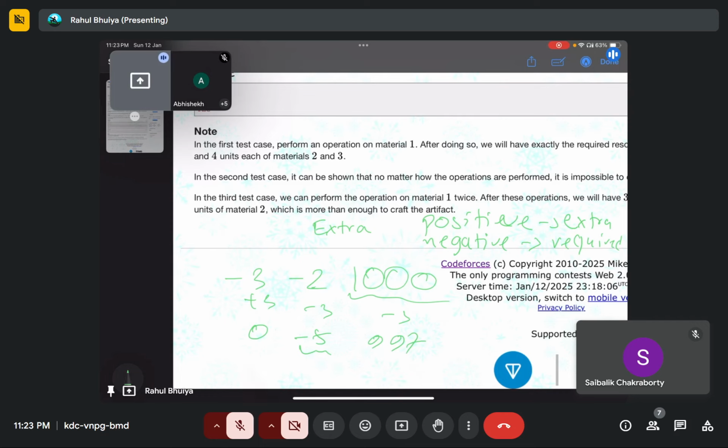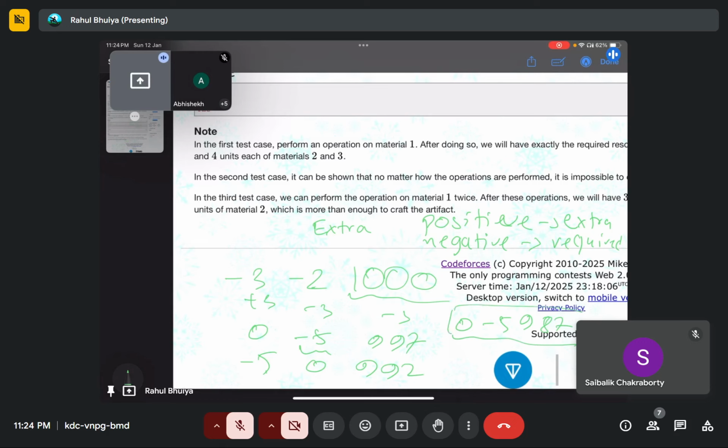Then I have to do all minus 5. Minus 5, 0, 992. Then again I have to do minus 5 here. 0, minus 5, 9, 9, 9, 9, 8. What is this? 8, 7.